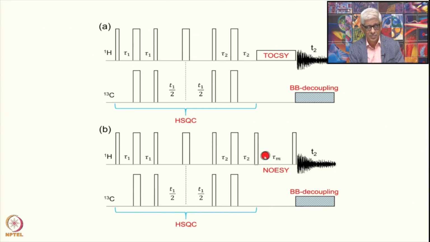Whichever process is happening, you will see correlations for those particular protons. Therefore, this has a structural input. While this is useful for identifying the spin systems and the assignments, it has structural input. It also has input from the point of view of assignments, because the near neighbor interactions will provide you the assignments, and it will also provide you the structural information, depending upon the molecule you have.